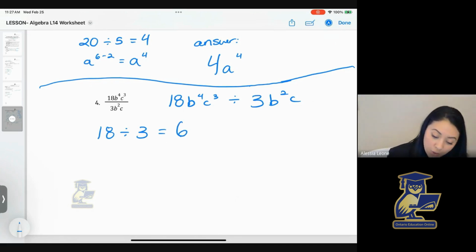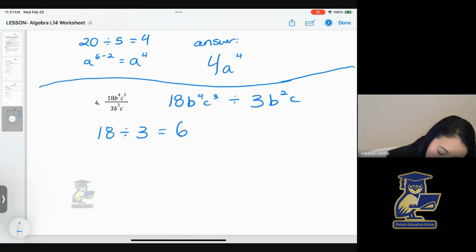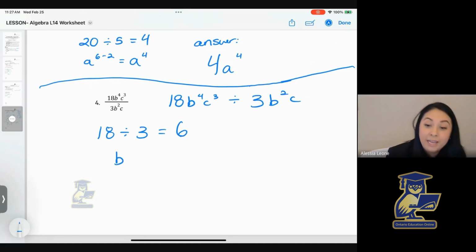Step 2, work with our exponents. So we are dividing. We have 2 letters, so 2 variables. We're going to work with them separately. Let's do B first. B, it's division. So we are subtracting our exponents. 4 take away 2 is 2.